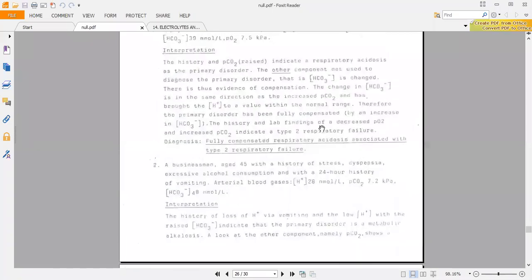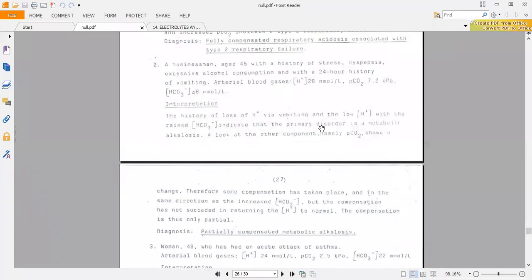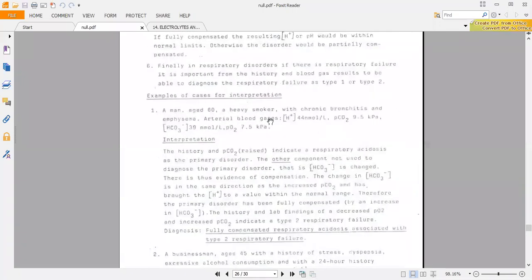Now let's look at some examples. This is the last part of the slide. Let's look at some examples. I'll be mentioning random names. If I mention your name, then you will help us to understand the condition.